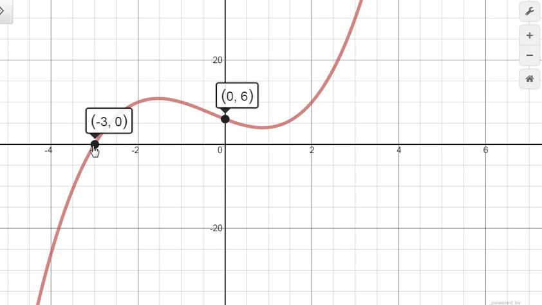So problem 48, P of x is x cubed minus 7x squared plus 17x minus 15. And let me get back to the screen.